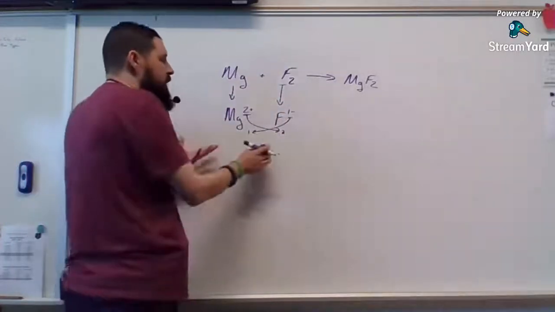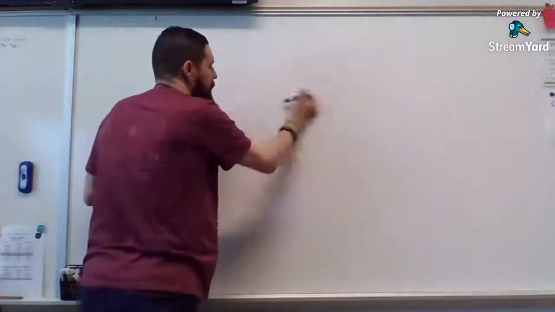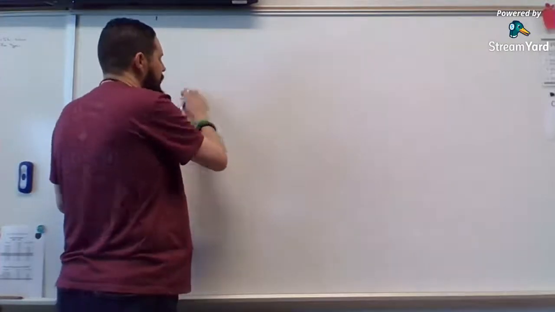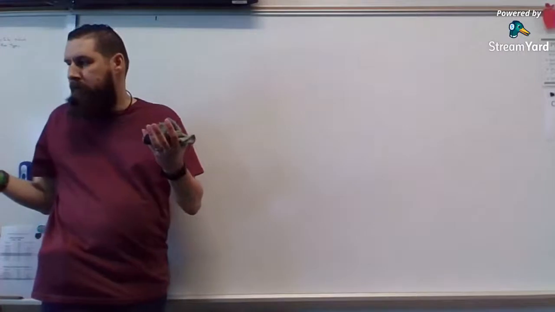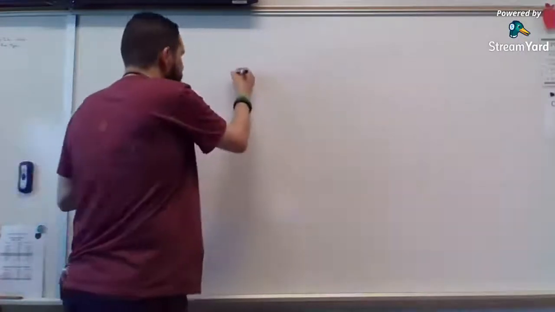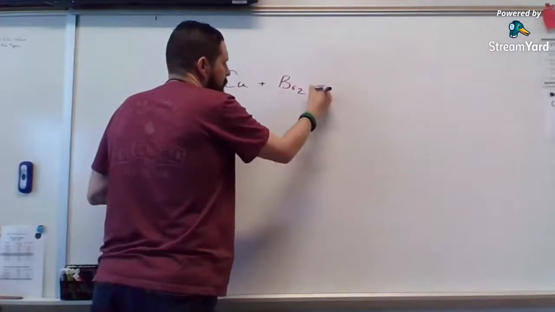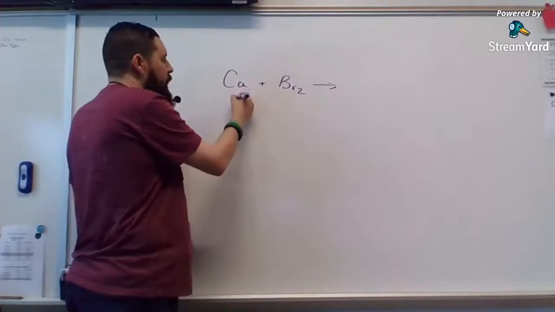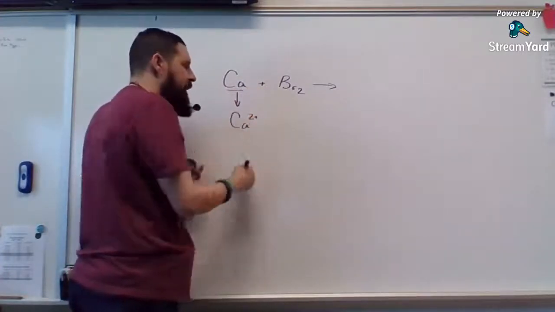So let's take a look at another group 2 metal reacting with a halogen. I'm going to go ahead and use bromine since I haven't already, and let's look at calcium. So calcium reacts with bromine. And as always, feel like a broken record, we're going to look at the charge that calcium would have as an ion.